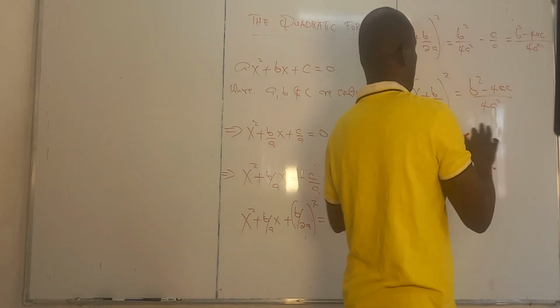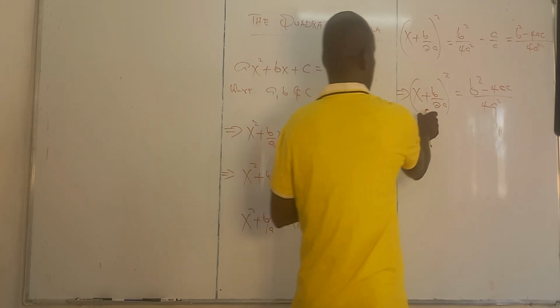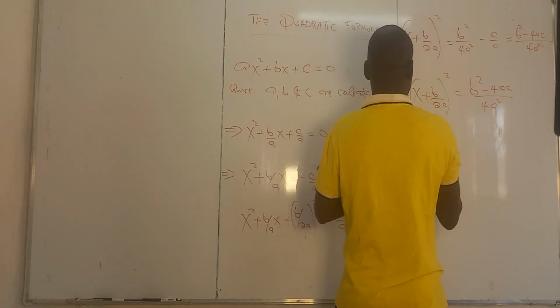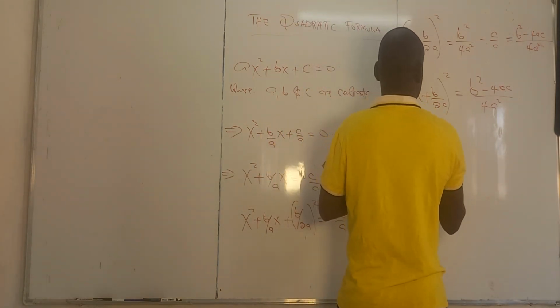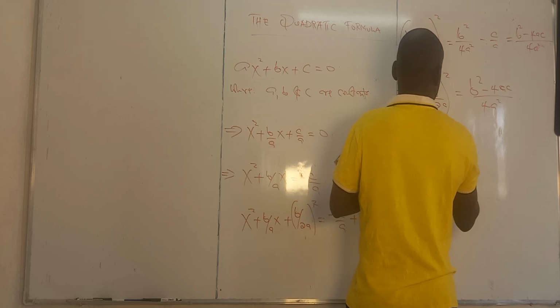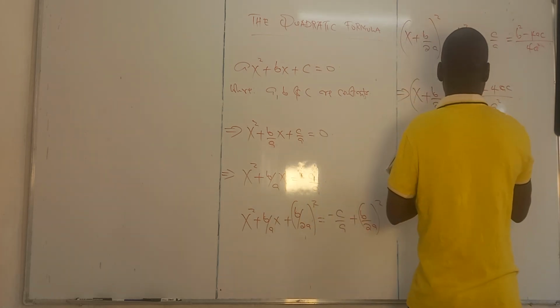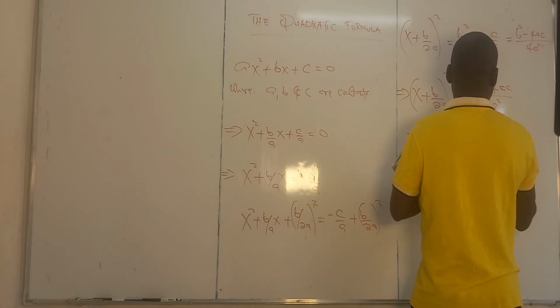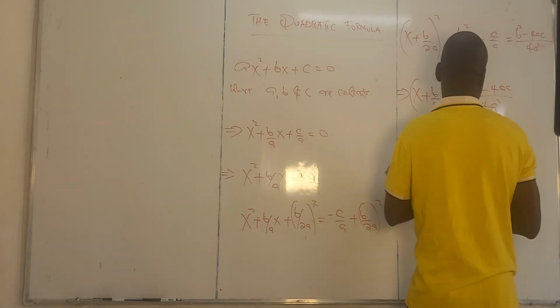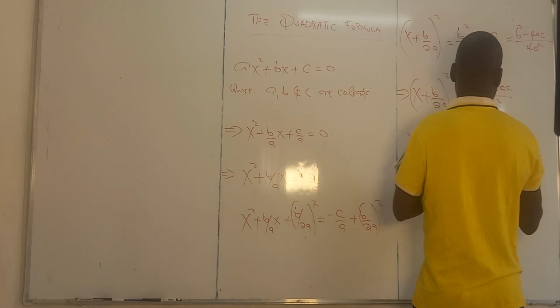So I want to take the square root both sides. If I take square root here and square root there, I'll have x plus b over 2a is equal to root of b squared minus 4ac over 4a squared.